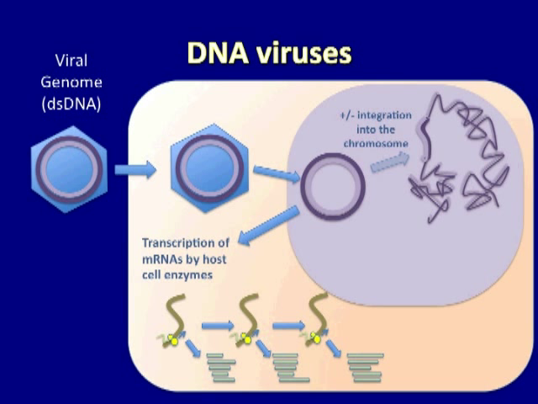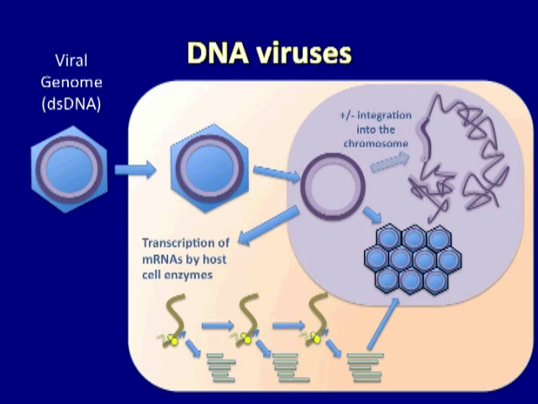That is to say, the earliest genes that are transcribed and translated tend to be those that are associated with regulation of viral gene transcription. Then later, the genes that are associated with replication of the virus, maintenance of the virus in the host cell, and lastly, assembly of the virus into virions are transcribed in sequence.